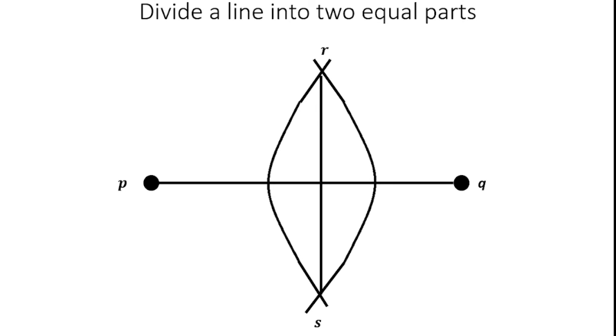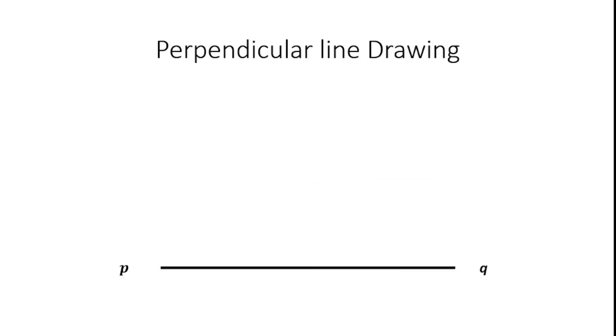After that I may name the meeting points as S and R. Likewise I can divide a line into two equal parts. Okay, then how do I draw the perpendicular line? Here also I consider P and Q. From P I take a radius of more than half the length. After that I provide an arc on the top side or bottom side of the considered line.